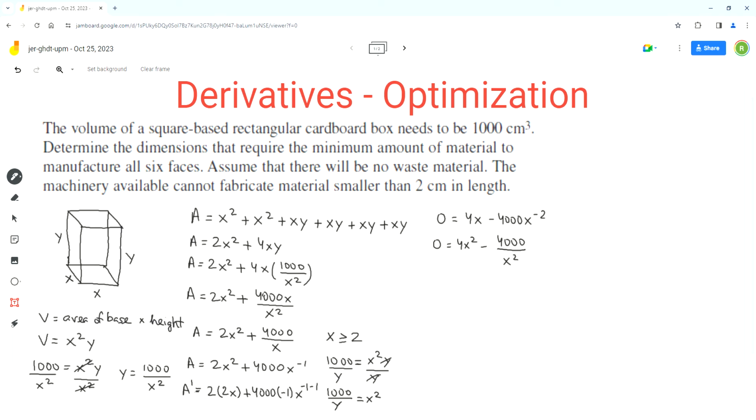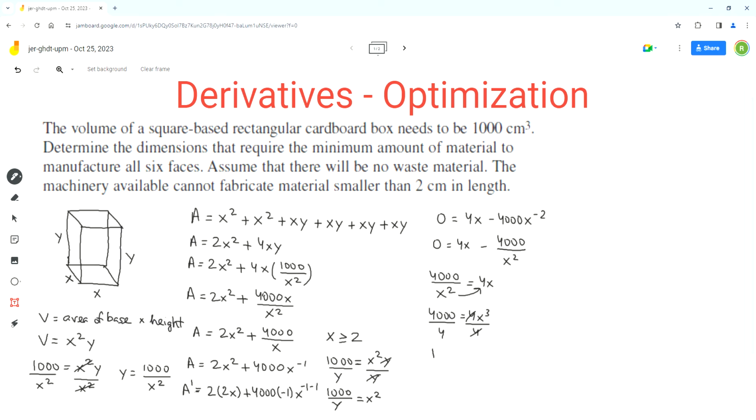Now we have to isolate x. Sorry, it's 4x, not 4x squared. Now we have to move this 4000 over x squared to the left side, so that will make it positive. So 4000 over x squared equals 4x, and we can cross multiply the x squared, so we get 4000 equals 4x cubed, and now we can divide both sides by 4.